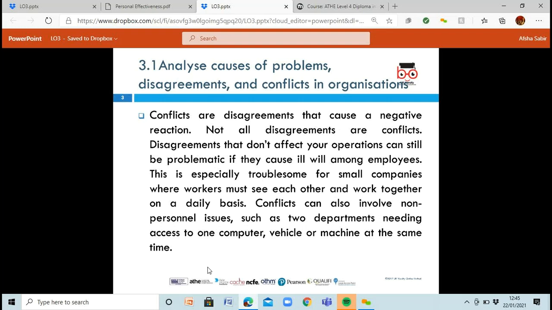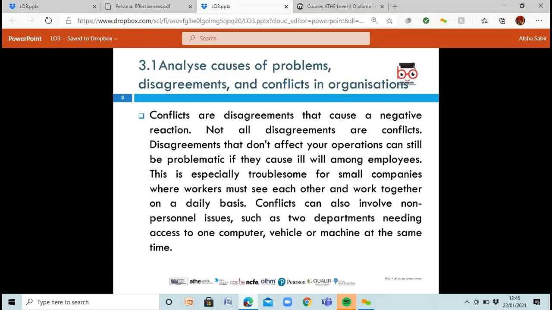And then you've got conflicts. They're just disagreements that can cause negative reactions. Not all disagreements are conflicts. Both of us could be working together and not agree on a particular thing, but that doesn't mean we're having a fight or we're not happy with each other. It just means we're talking and I'm saying this project can be handled this way, and you're saying no, I think it's this way, but we could come to a conclusion together.